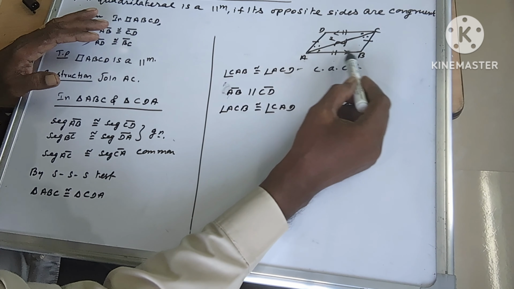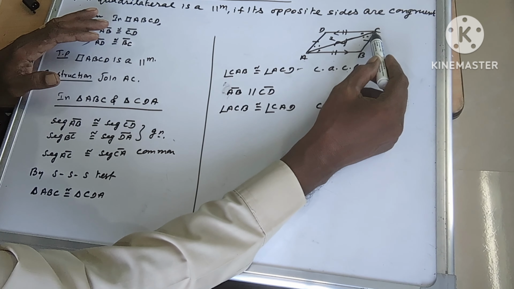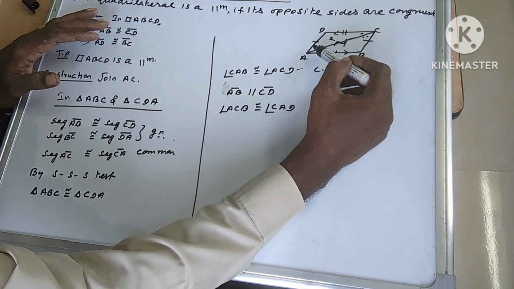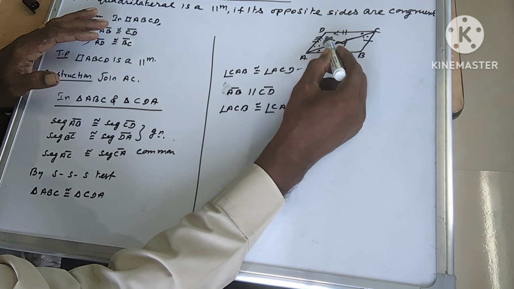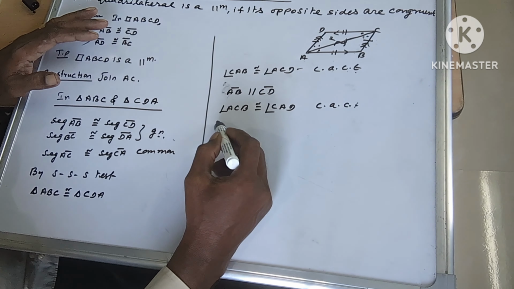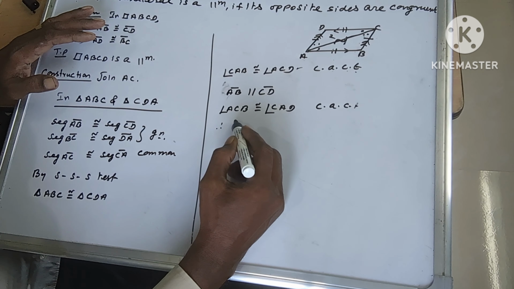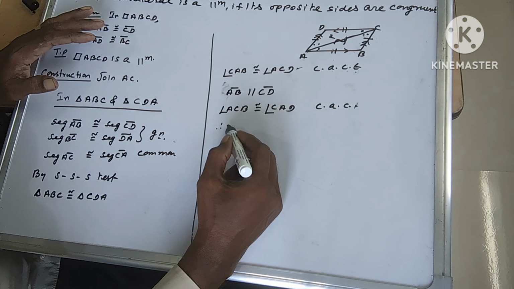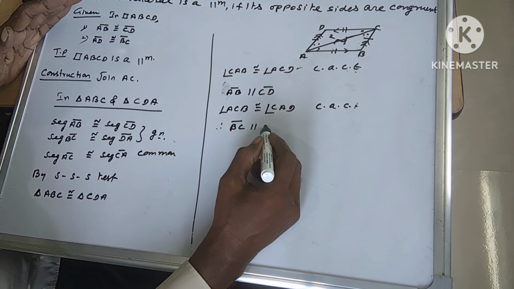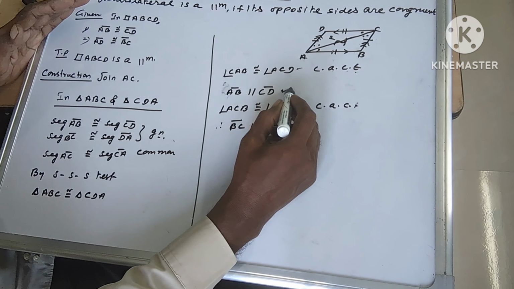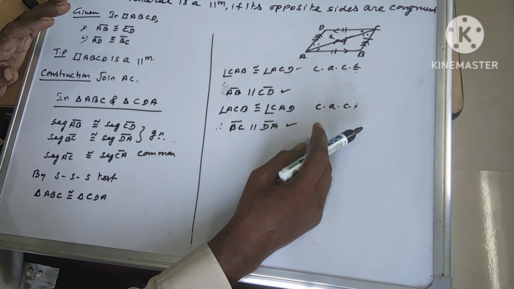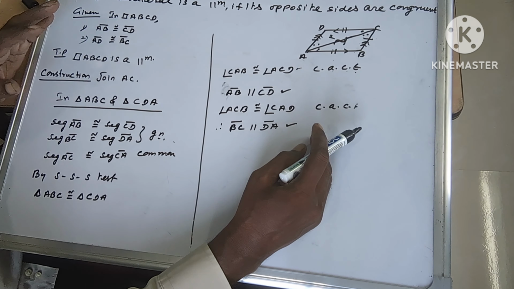So BC is parallel to DA. If alternate angles are congruent, then the corresponding lines are parallel.